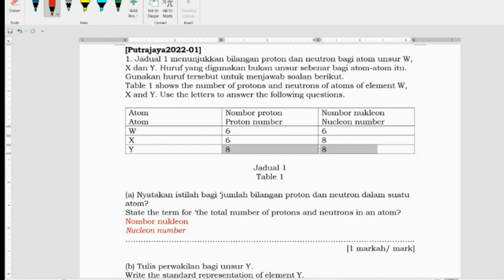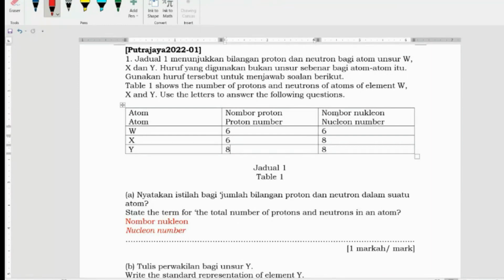Nucleon also 8. I think this one has a problem. This one shouldn't be nucleon number.